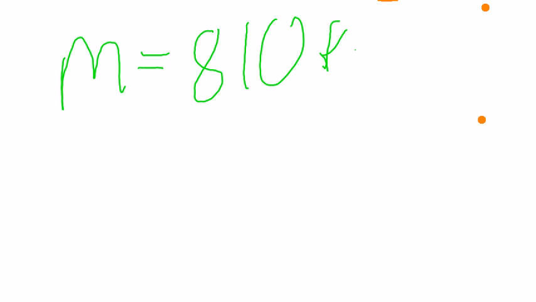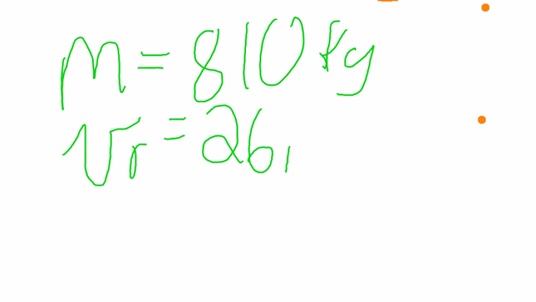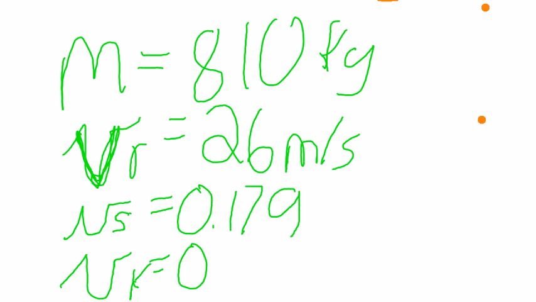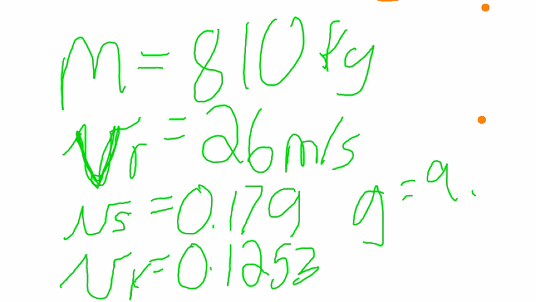First, we'll pull out our givens, which are the mass, the velocity, coefficients of friction for both static and kinetic, that's a V, and of course our gravity is 9.8.